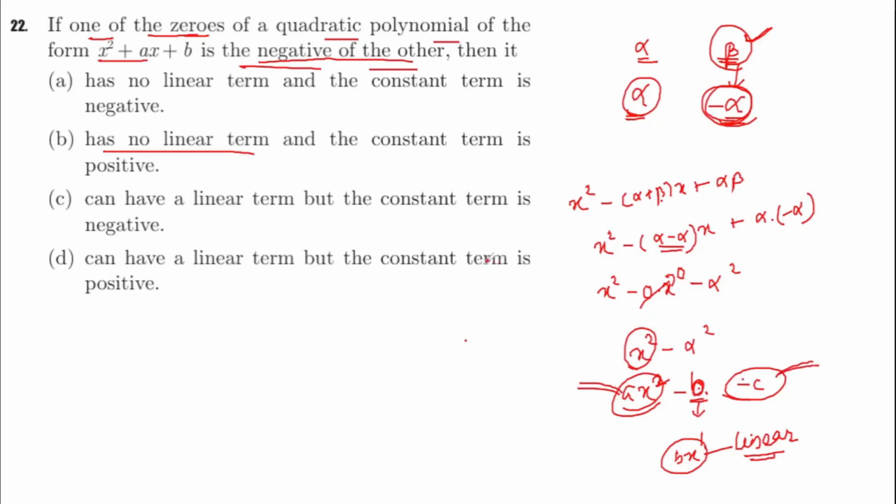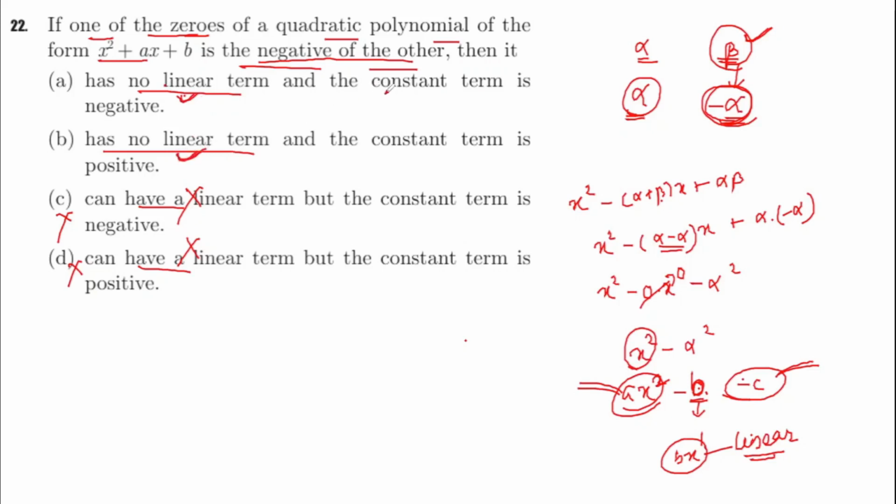Okay. So again you may have seen that there are so many options where it is given that it has no linear term. In these two options there is a linear term, so option C and D can be eliminated. Now we have two options left. One is saying no linear term, and the second one also has no linear term.